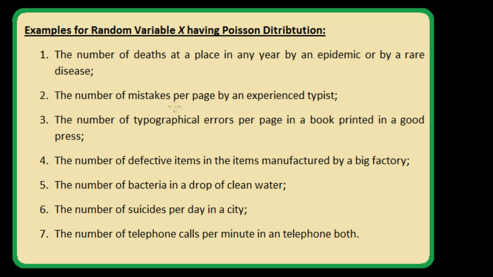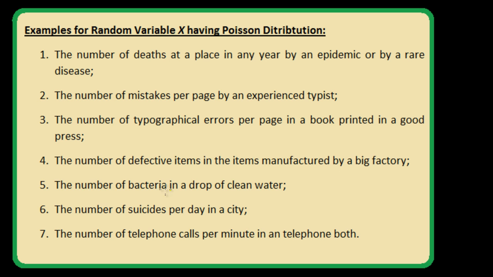The number of mistakes per page by an experienced typist, the ratio of these mistakes would be very small. The number of typographical errors per page in a book printed in a good press, the ratio would be very small. The number of defective items manufactured by a big factory, so the ratio of defective items would be very small.